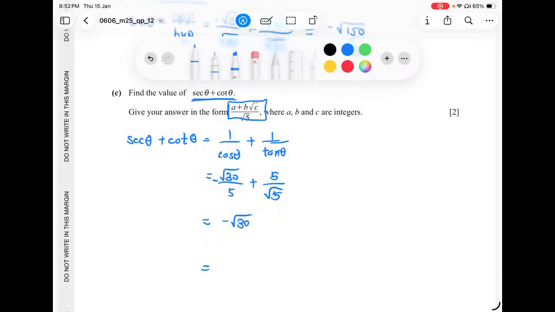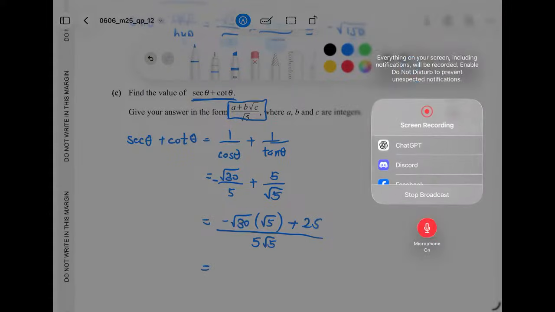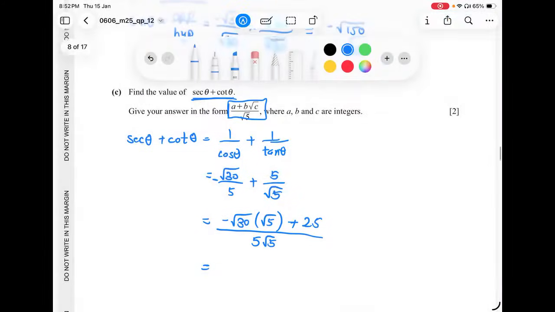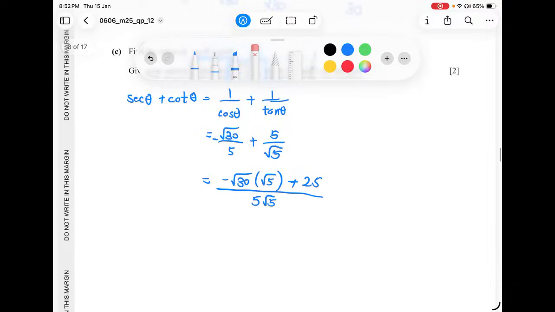To make the denominator the same, you just make it negative root 30 times root 5 plus 5 times 5 is 25, and we get 5 root 5 in the bottom. Okay. So that's your thing. And then now this should be negative root 150 plus 25 over 5 root 5.